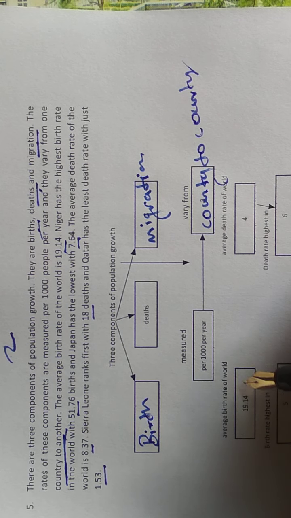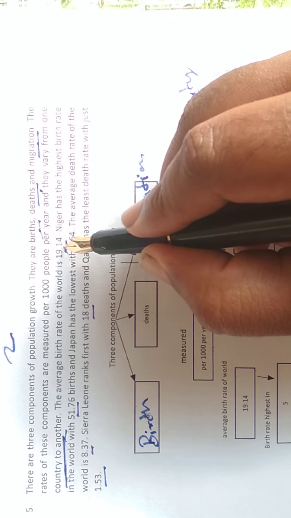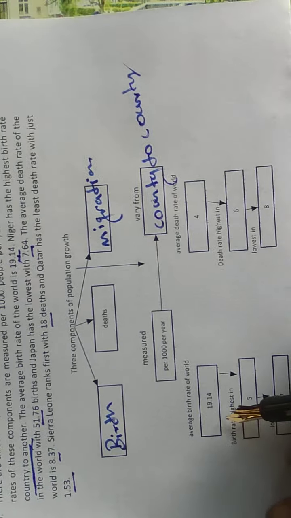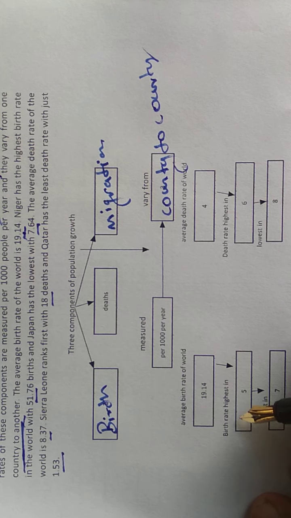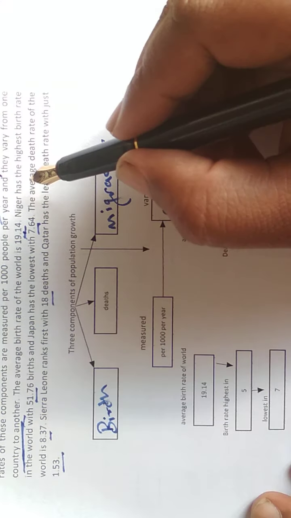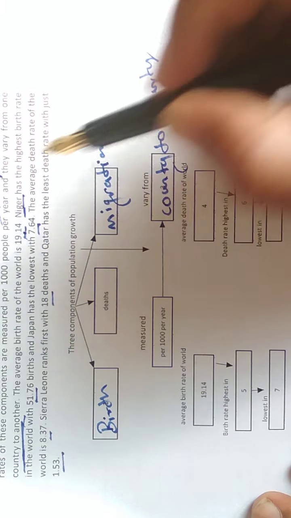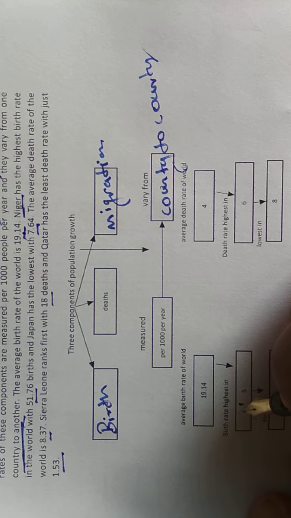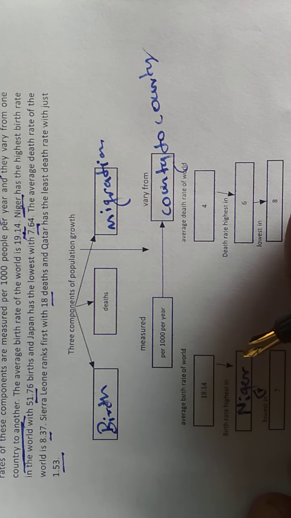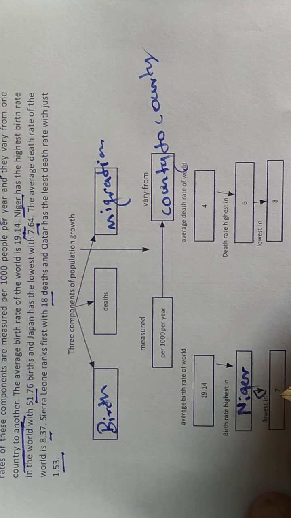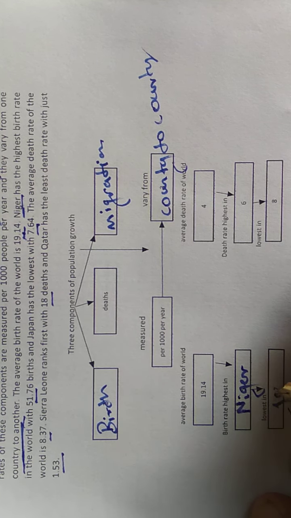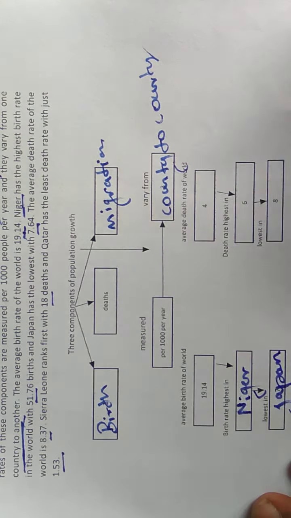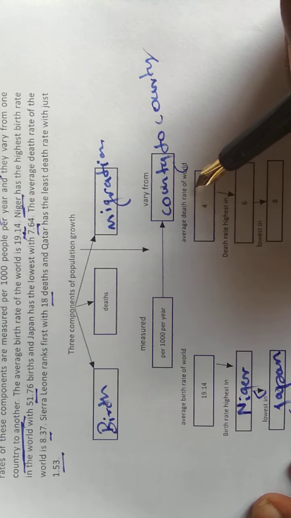Next, average birth rate of the world 19.14, already mentioned. Birth rate highest in. Which is the highest birth rate country? The highest birth rate is in Nigeria. And lowest birth rate is in Japan. In the same way, average death rate of the world.